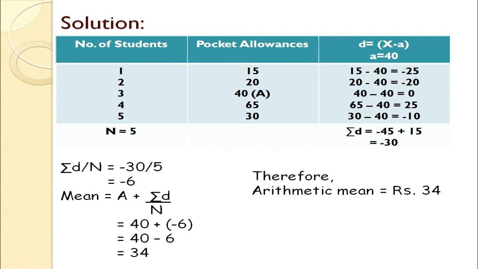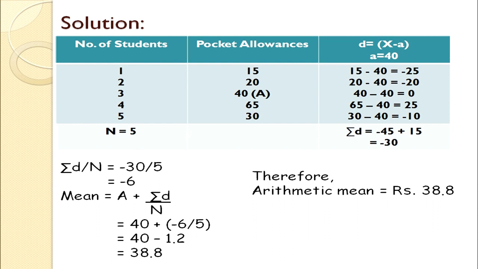Once we have calculated deviations from each item value, we sum up the deviations. That means summation of D will be done, that is minus 30. Then, students, write the formula. The formula is A plus sum of D divided by N. Here the value of A is 40, and sum of D divided by N is minus 30 divided by 5, that comes to minus 6.